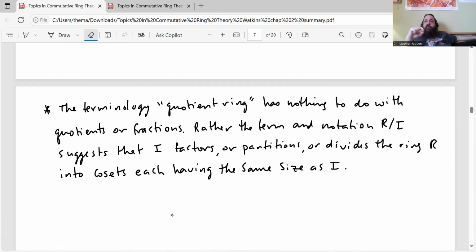Same thing in group theory. If you mod out the larger group by a normal subgroup, you get a quotient group. And in ring theory, if you quotient out by an ideal, you get a quotient ring.